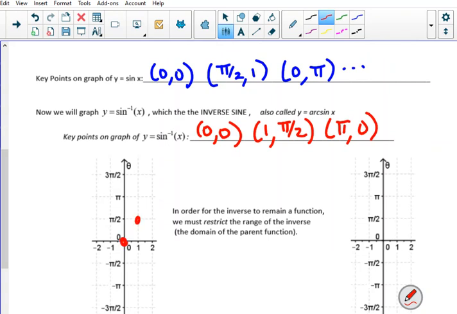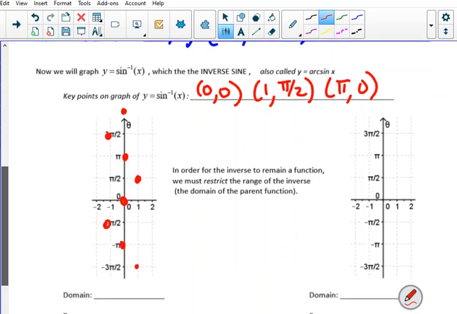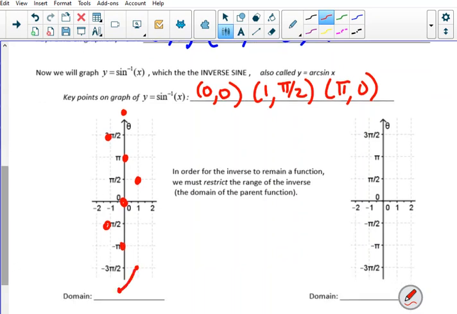And so I get the sine curve wiggle, but wiggling back and forth around the y-axis instead of the x-axis. Now, we talked in class extensively about how this was not a function.